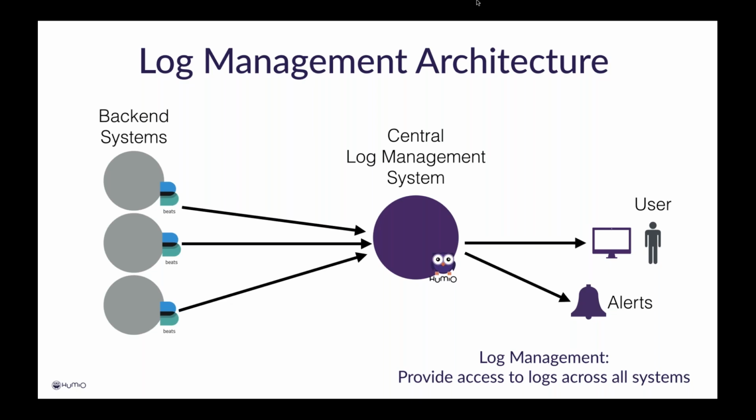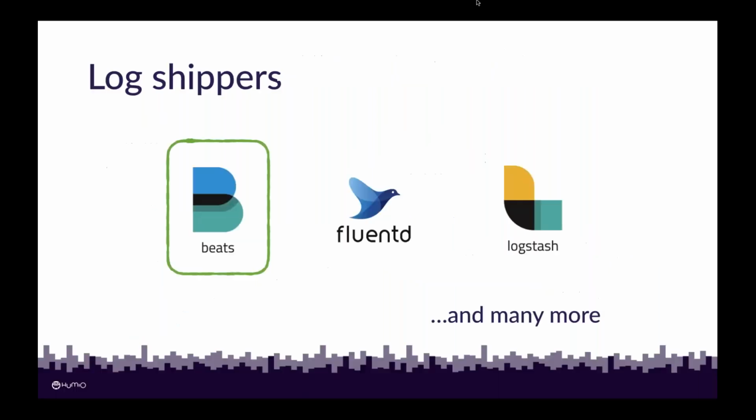So, as I said, at Humio we've built a central log management system. The agents on the backend systems, we actually didn't build ourselves, because there are a number of really good log shippers, or log agents, out there. I just listed 3 here. There's a family called Beats, of which we have very good experience. We have good experience with them all, but we in particular like one called FileBeat. There's also a general purpose log shipper that can do both shipping logs, but also a lot of parsing and structuring of logs.